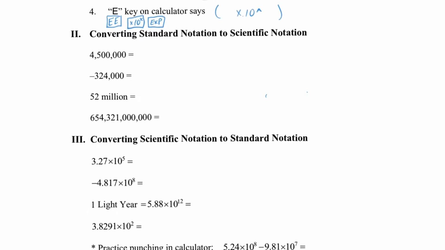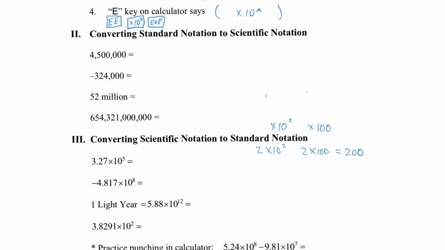Before I get there, can I convince you that times 10 squared is the same as times 100? If I have a number like 2 times 10 squared, do you agree that's the same as 2 times 100, which is 200?